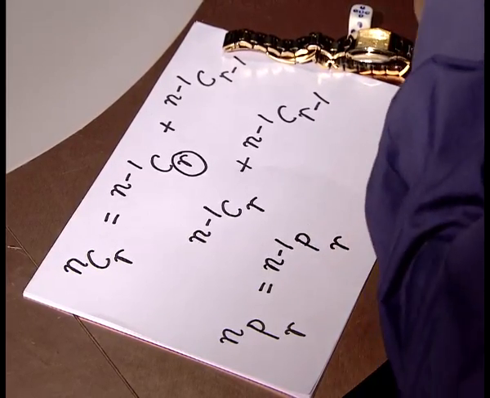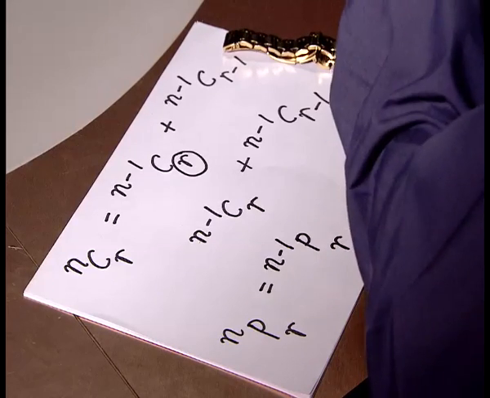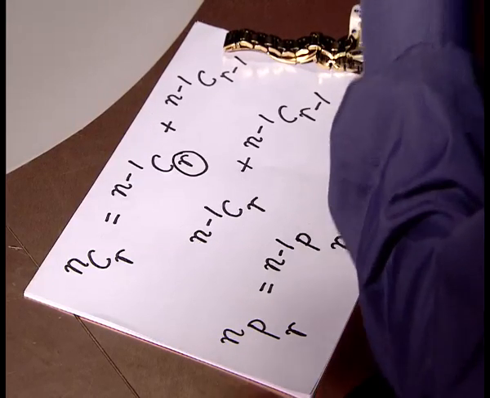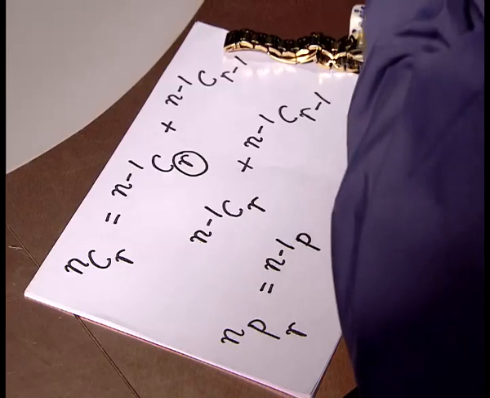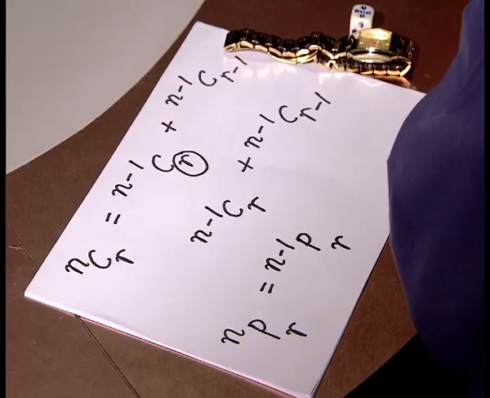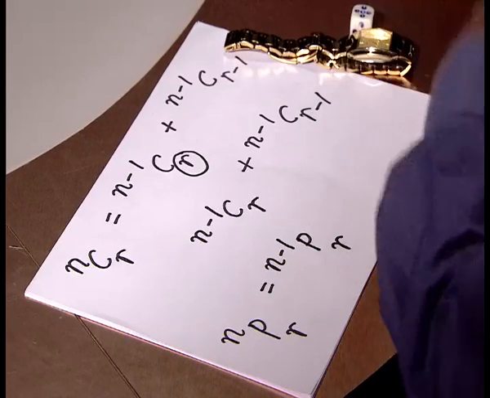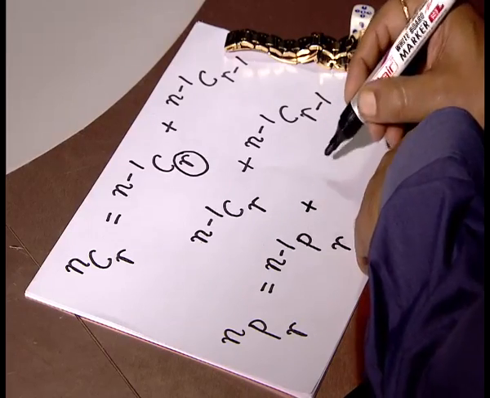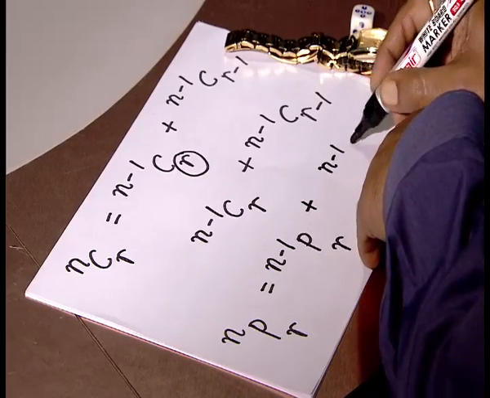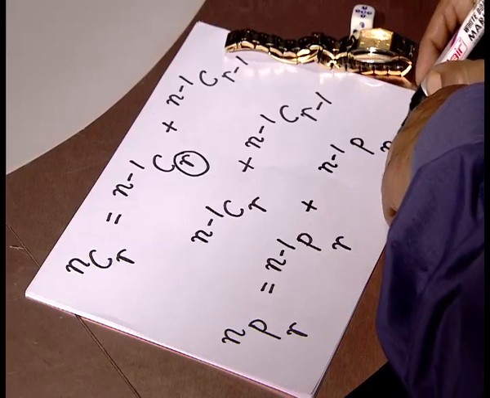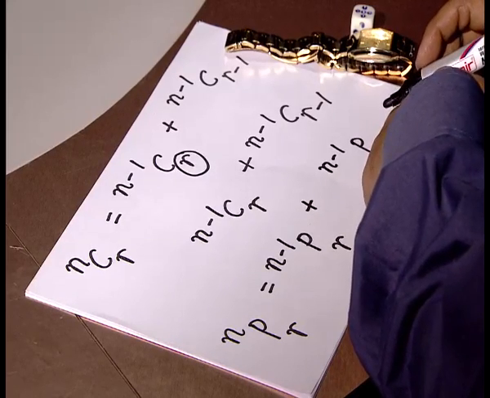And if that one particular thing is always there, then you keep that one particular thing and select the remaining r minus 1 things from n minus 1 things, and that would be n minus 1 P r minus 1. But here is a catch.